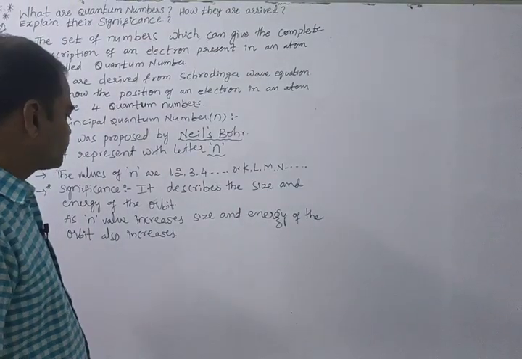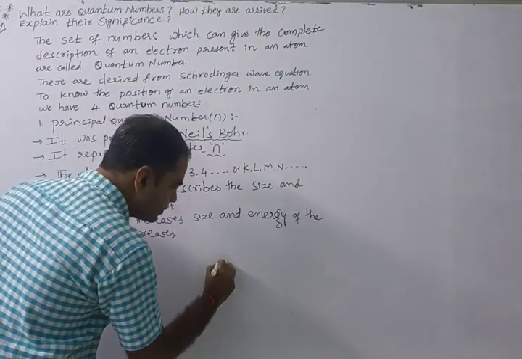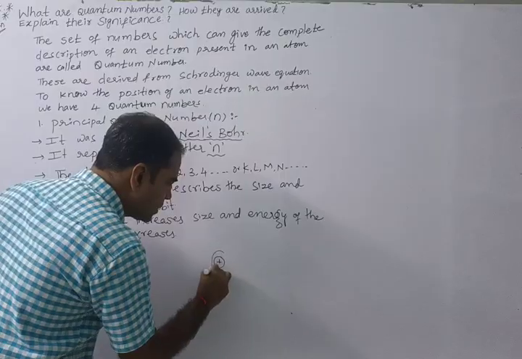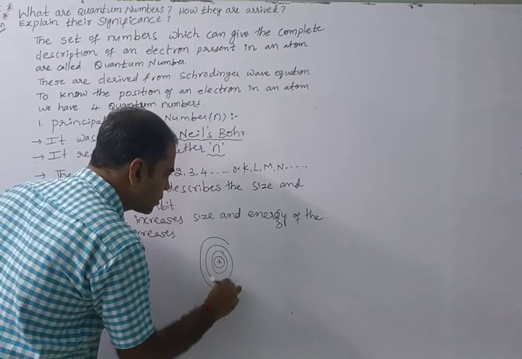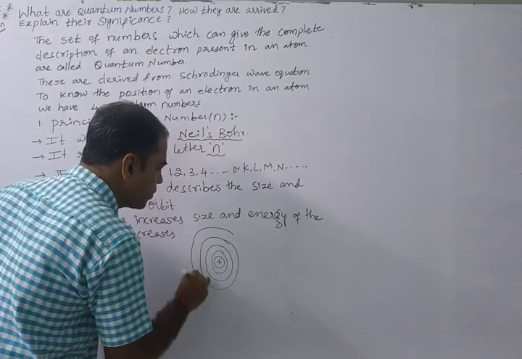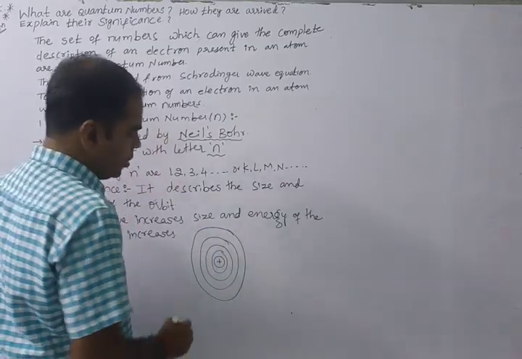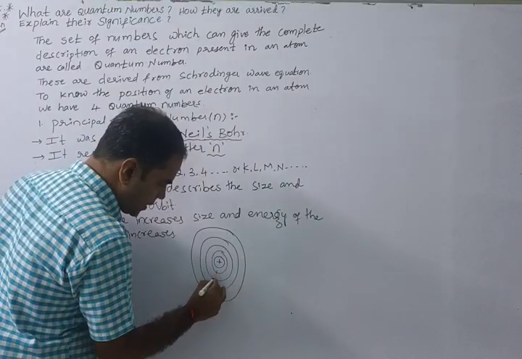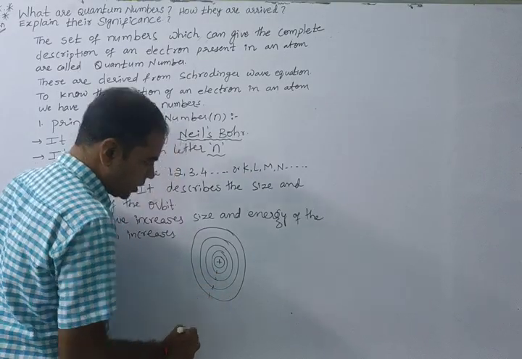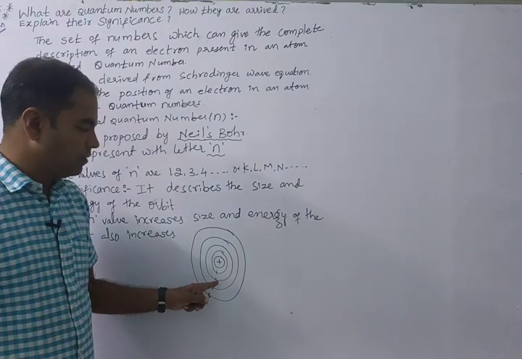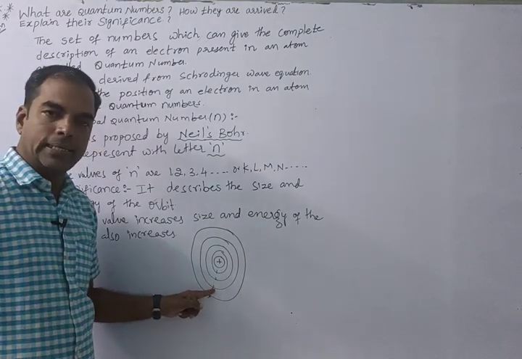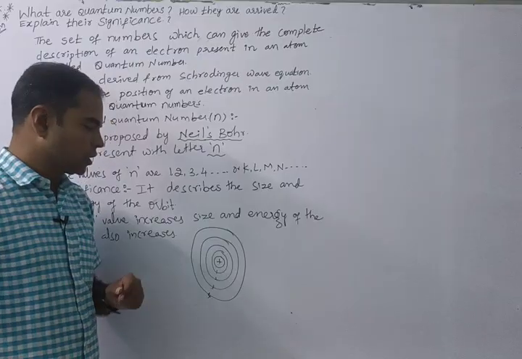That means what? See, this is the nucleus, and around the nucleus the path of the electron, which we call an orbit. This is the first orbit, second orbit, third orbit, fourth orbit. N value 1 is the first orbit, n value 2 the second orbit, n value 3 the third orbit, n value 4 the fourth orbit.